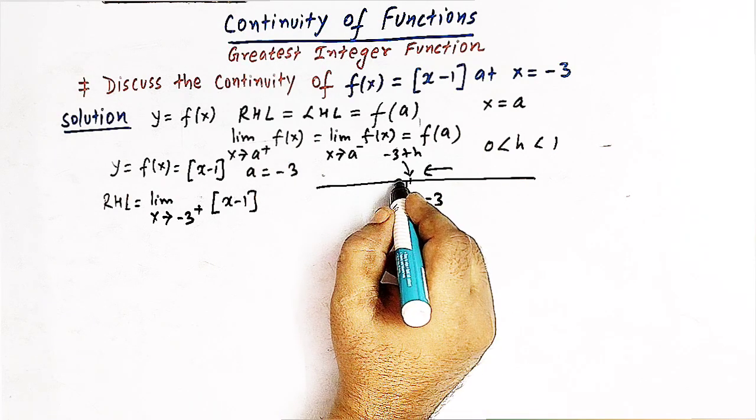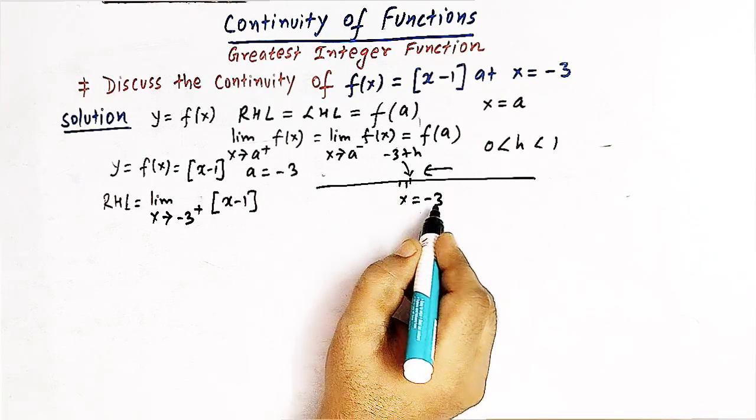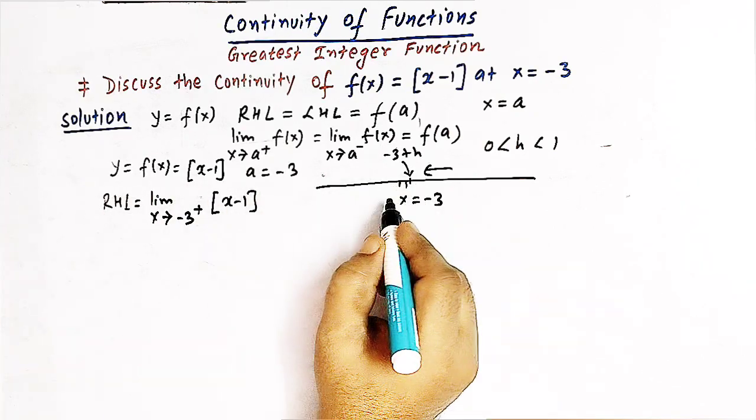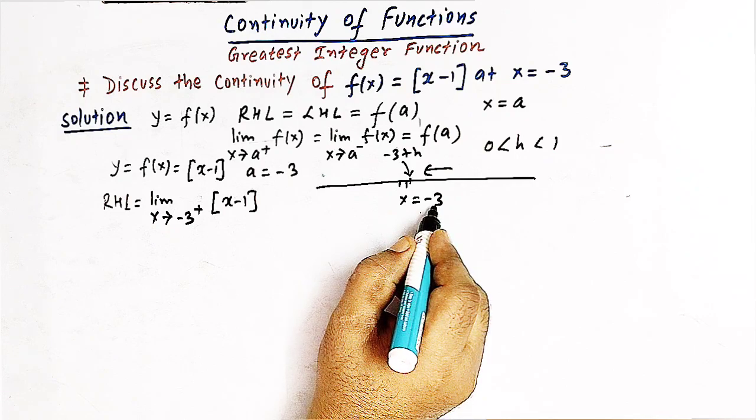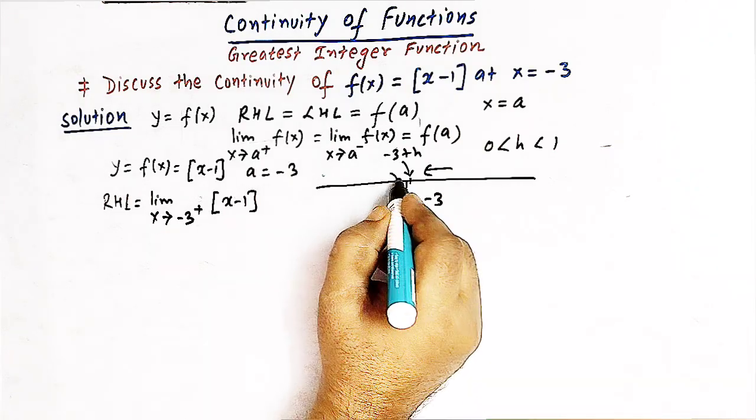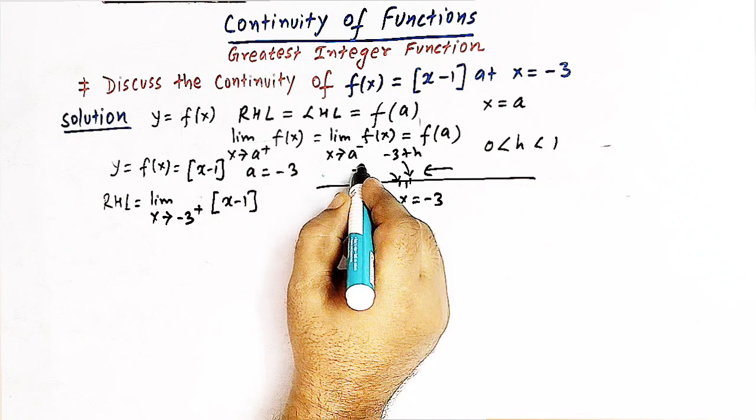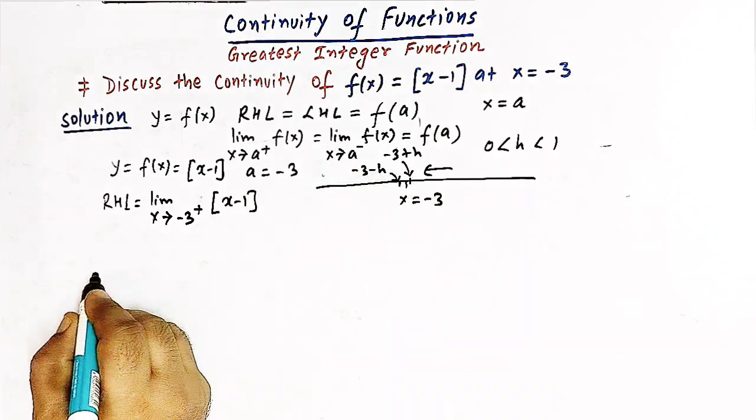Similarly, when we approach x equal to minus 3 from the left, we reach a point that is minus 3 minus h.